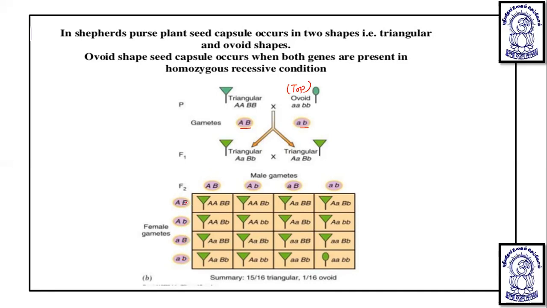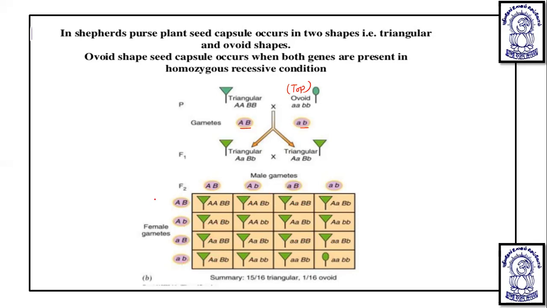Now, if we cross the first gamete with these four, these four genotypes will be obtained, and then the second gamete with these four, and so on, with all four gametes, so this type of zygote will be obtained.